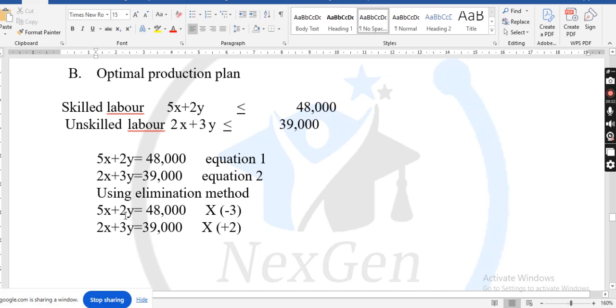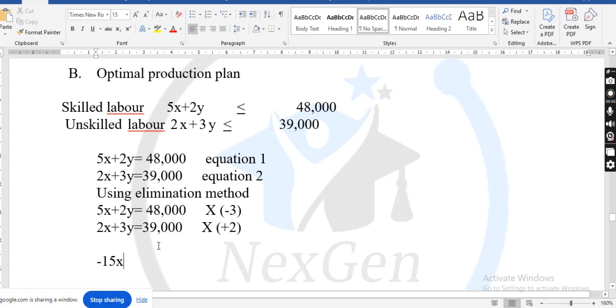Now let's do it. Minus 3 times 5, what do you have? Minus 15x. Is that not so? Yes, sir. Now, minus 3 times plus 2. Minus times plus is minus.